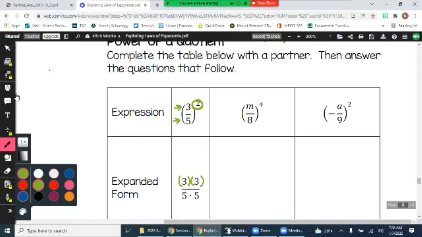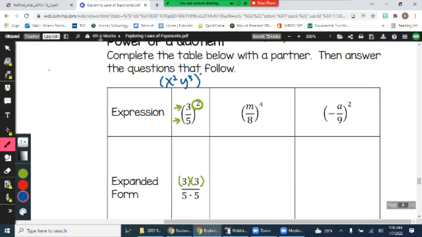Like for example, say we had x squared, y cubed, and a squared there on the outside. That meant that this squared was going to apply to this exponent, but also this exponent. So we showed it to you this way, x squared, squared again, and then it's separated to y cubed with the squared.